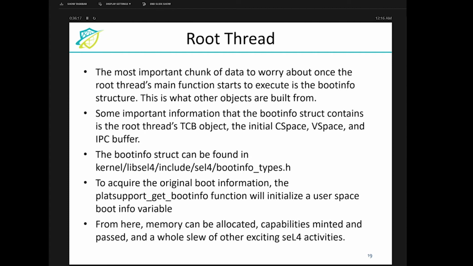You can acquire the original boot structure from platform support get boot info, which will give you a user space boot variable that you can look at. The reason you might want to look at that is to determine how many cores you have turned on or what have you. So at this point, you can start allocating memory, creating newly minted capabilities, and a whole bunch of other wonderful seL4 things.